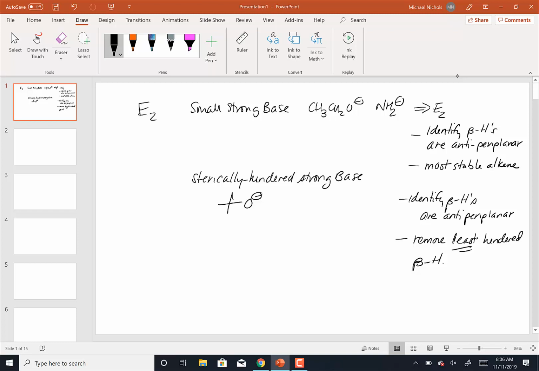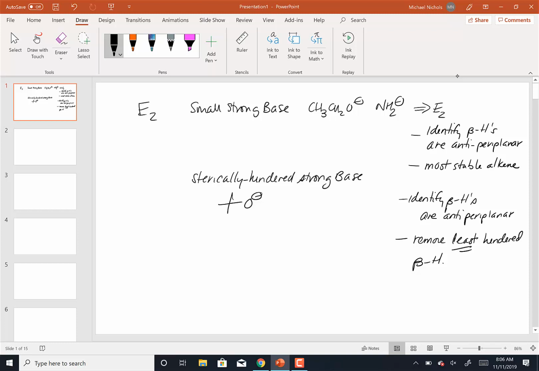So again, the difference between E1 and E2 is that E1, you'll always lose a beta hydrogen regardless of whether it is anti-periplanar or not. For E2, the first thing you have to do is find all the possible beta hydrogens that can be lost, and those are the hydrogens that are anti-periplanar.